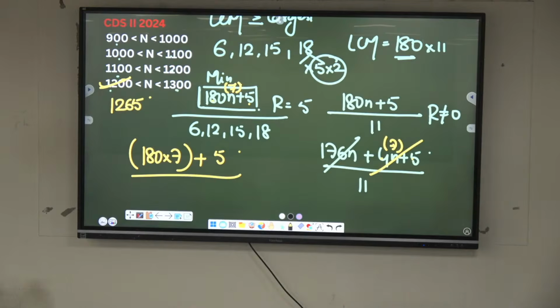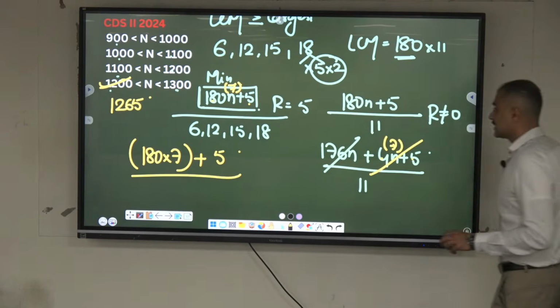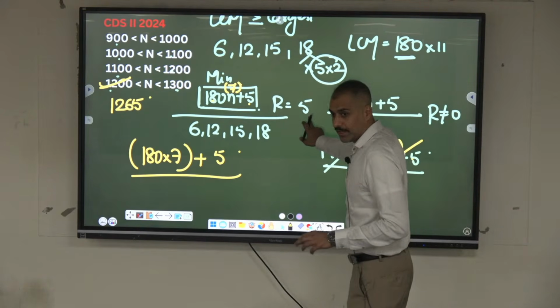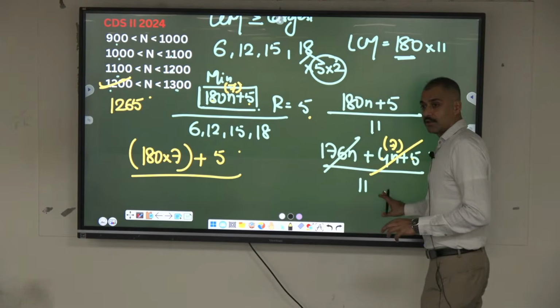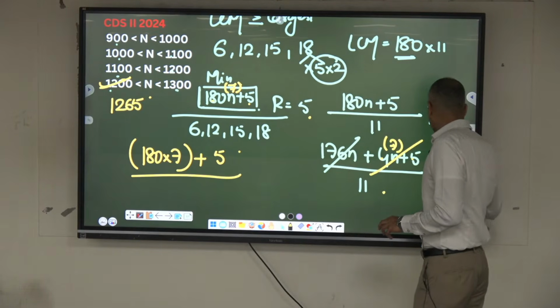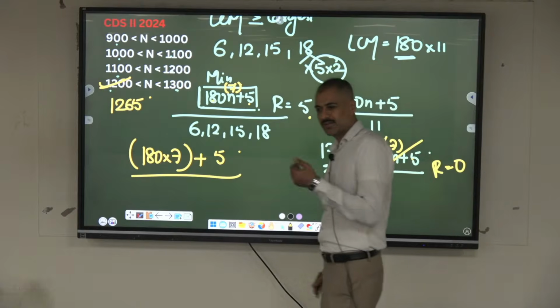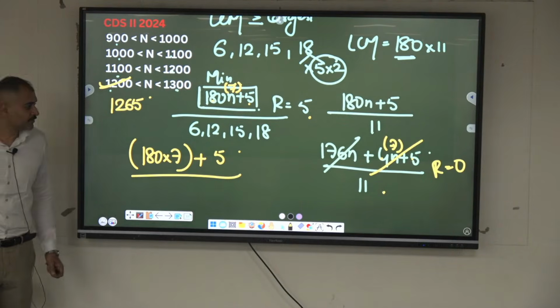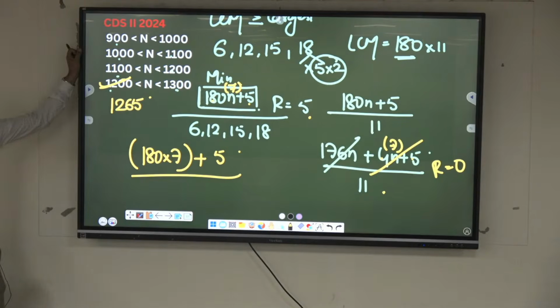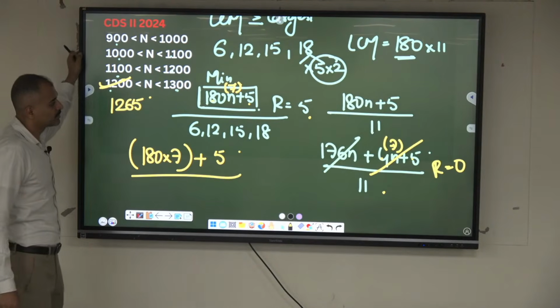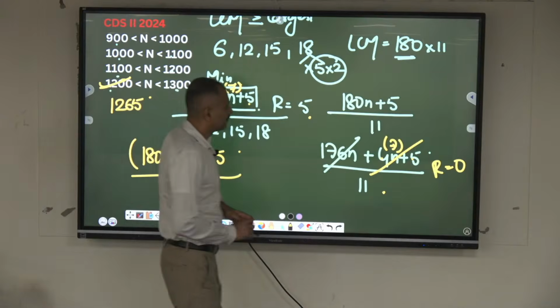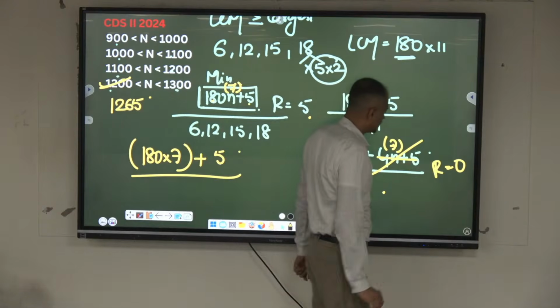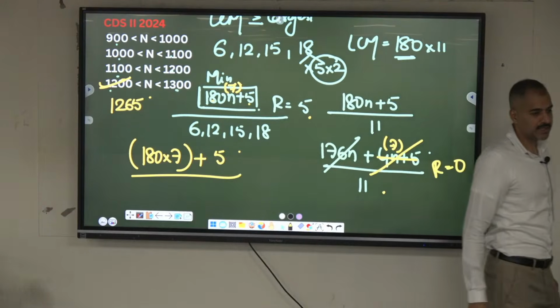This is like a question that when divided by 6, 12, 15 and 18, remainder has to be 5. When divided by 11, remainder has to be 0. Which is that smallest number? The same question is asked in a multiple of 11. For the value of n equal to 7, 28 plus 5 completely gets divided.